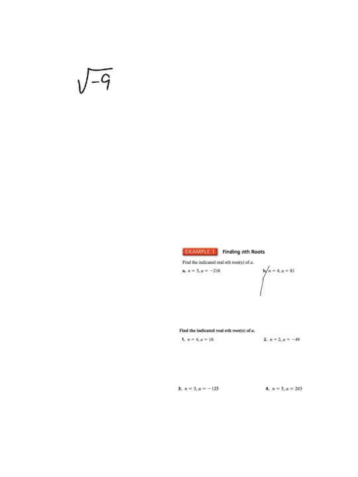But in this section, we're not going to be talking about imaginary numbers. When we take the square root of a negative number, or even the fourth root of a negative number, let me give you an example, like negative 16, the fourth root of negative 16 can't be done either.